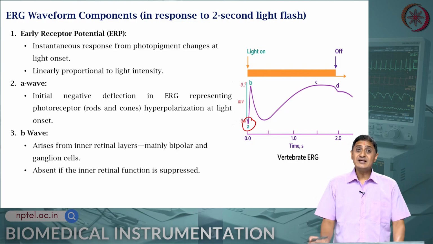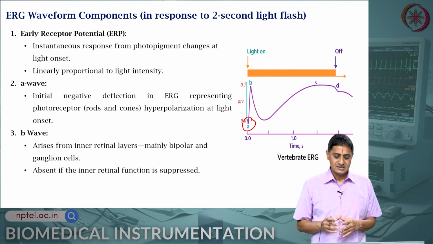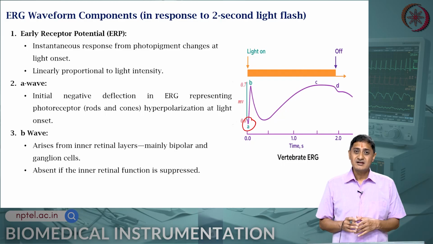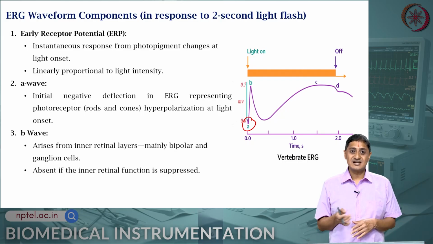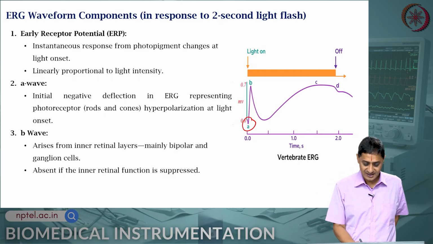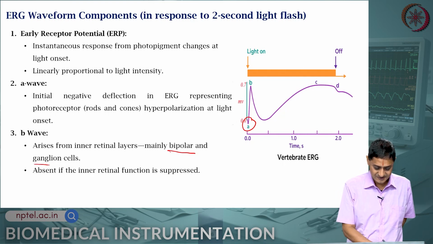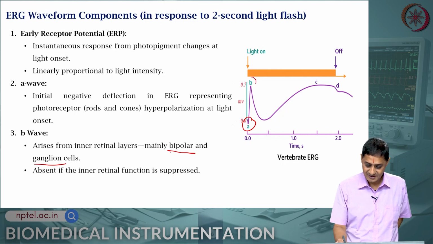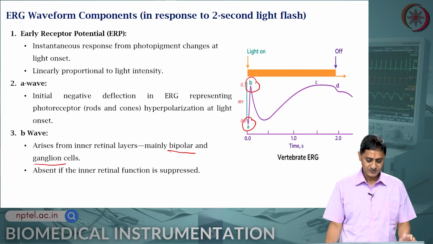Then from the inner retinal layers, you have the activation that starts, which is the bipolar and the ganglion cell activation that happens, that is the B wave. Its amplitude is compromised in case of diseases, or it is absent if inner retinal function is severely compromised.